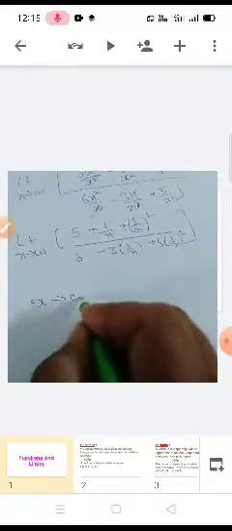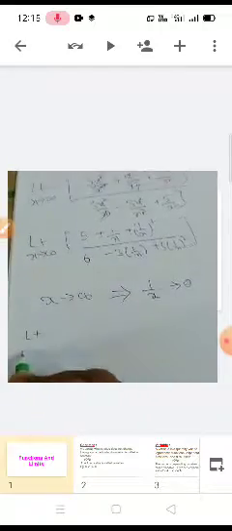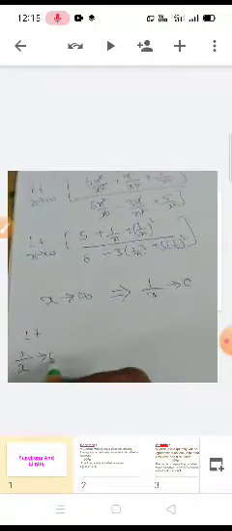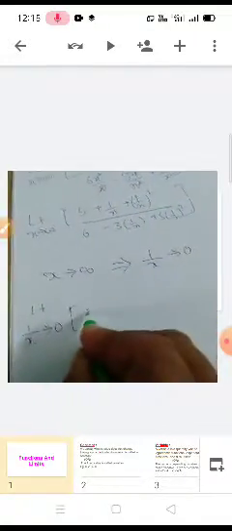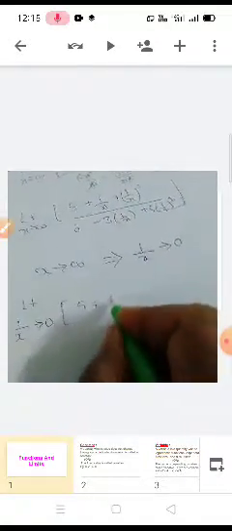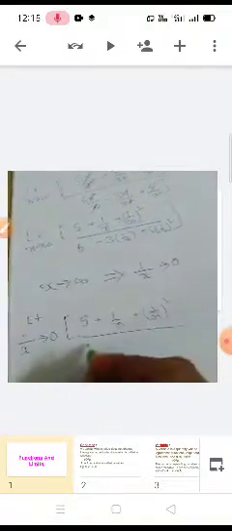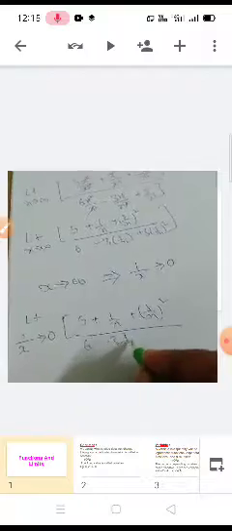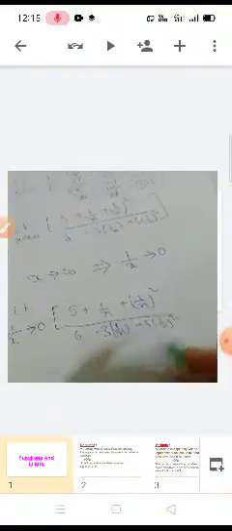Here, as x tends to infinity, 1 by x tends to 0.